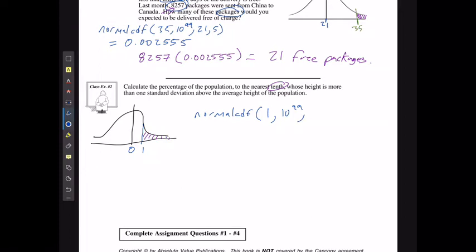And if this is just based on Z-scores, well, my mu is going to be 0, and my sigma is always 1 for Z-scores. This is going to give me 0.1587, or to the nearest tenth of a percent, 15.9% of the population is going to fit into that range.